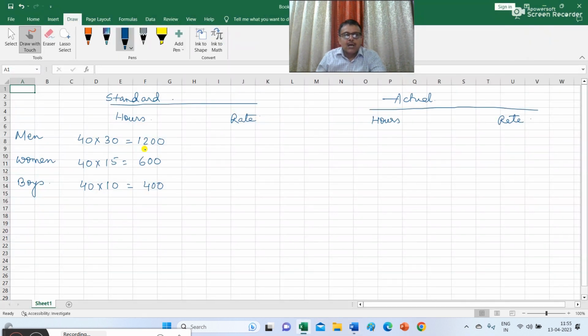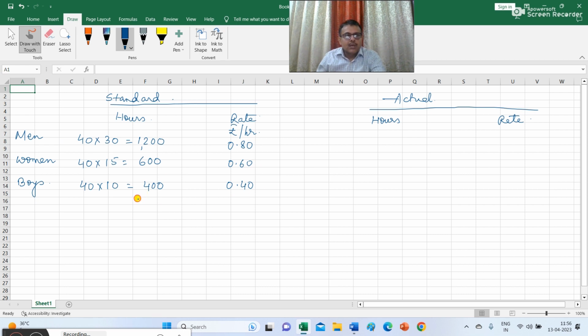So total men hours is 1,200, women 600, and for boys 400. And they are paid at the rate of, this is rupees per hour. So men are paid at the rate of rupees 0.80, women 0.60, and boys 0.40. So 80 paise, 60 paise, and 40 paise.